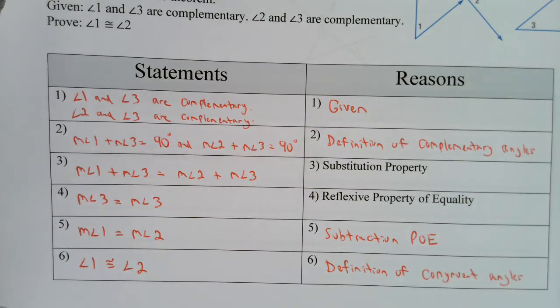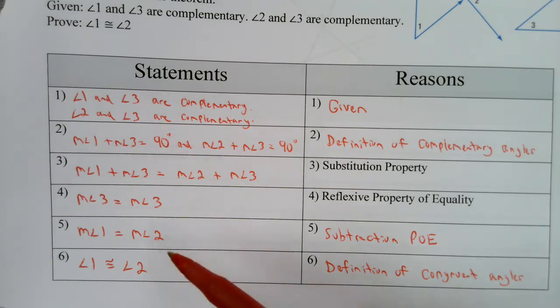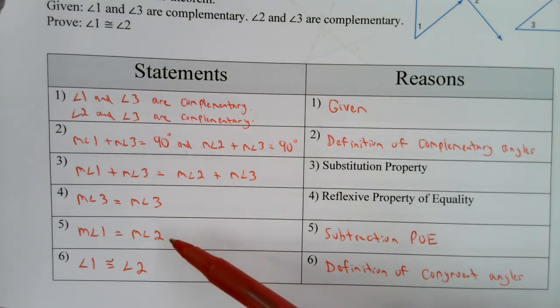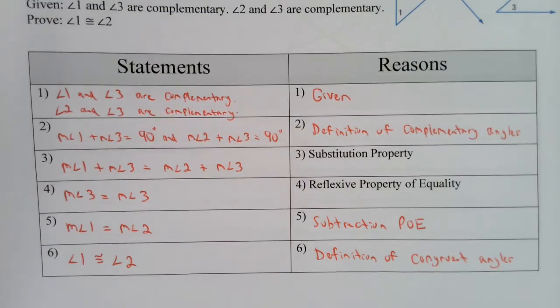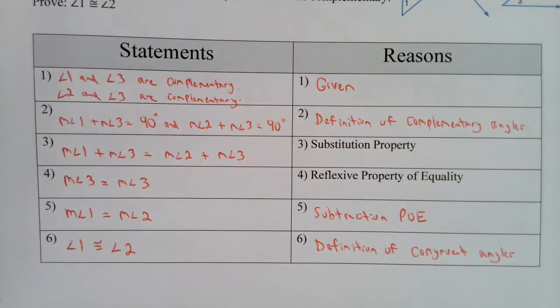You use that reason whenever you have two measures of angles being equal and you want to say that they're congruent, or vice versa. If you know two angles are congruent and you want to say the measures are equal, you can call that definition of congruent angles or definition of angle congruence, either one.